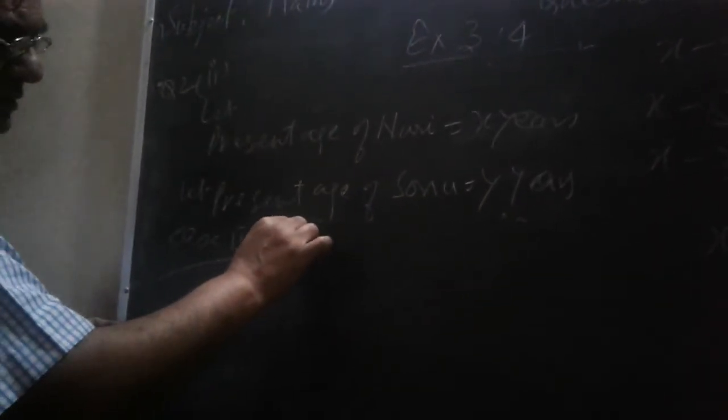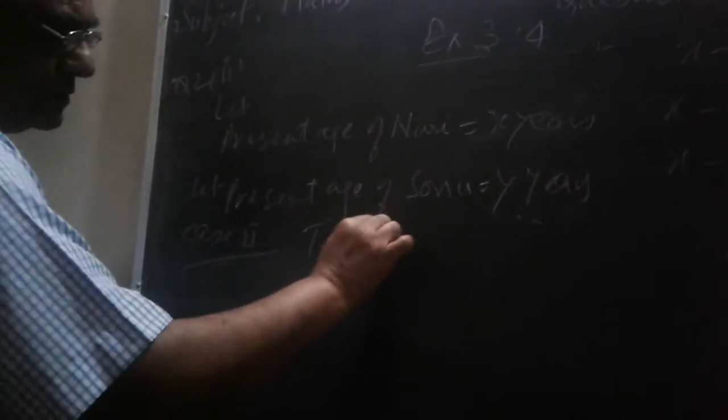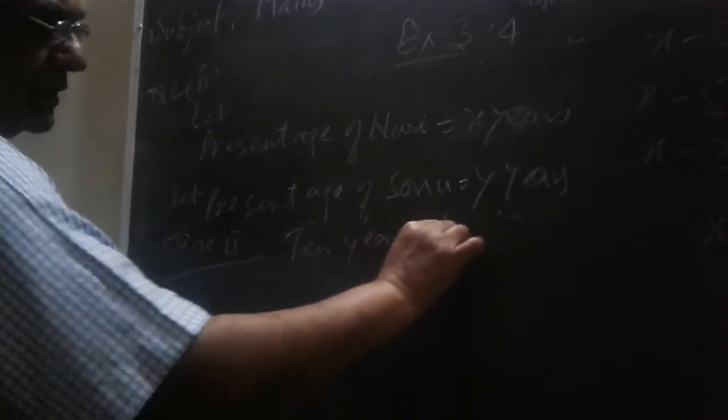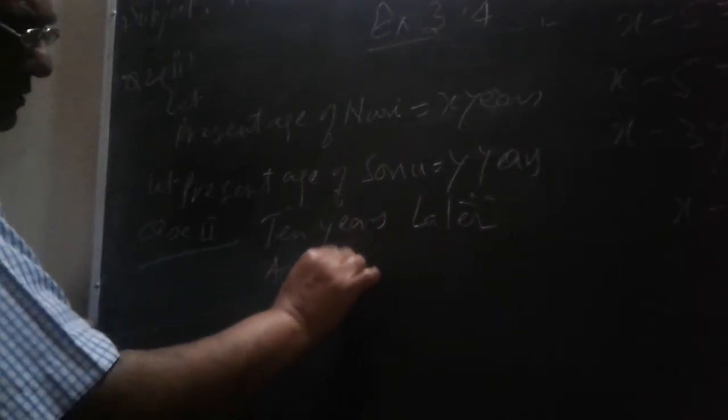Now similarly we will form the second equation. Case second, we read out. In the second case, 10 years later. Later means after. 10 years later, what will be the age of Noori?